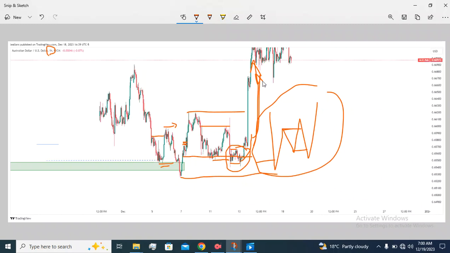On AUDUSD, this is how trading is very simple.